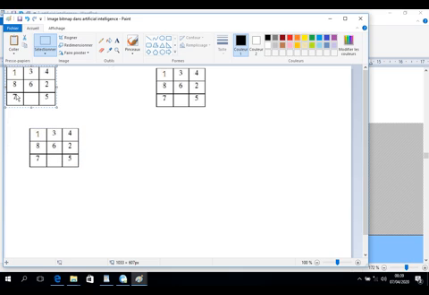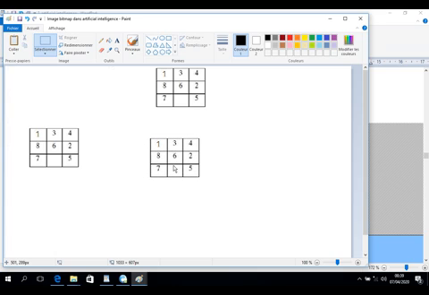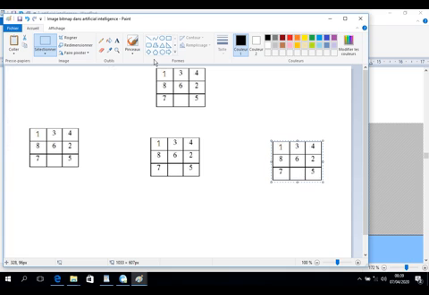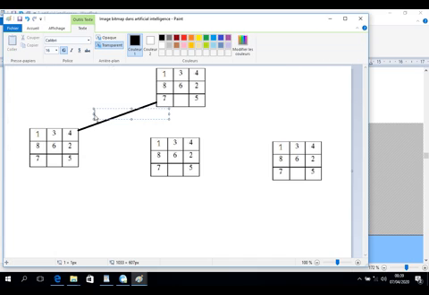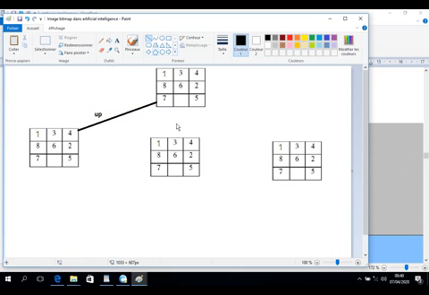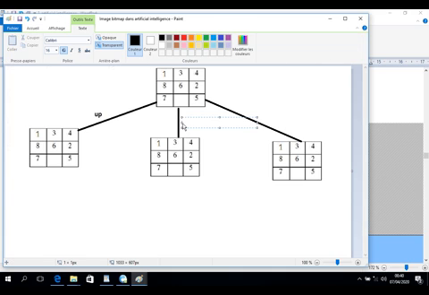So you see, we have this situation. If we move up, so these are the 3 situations.